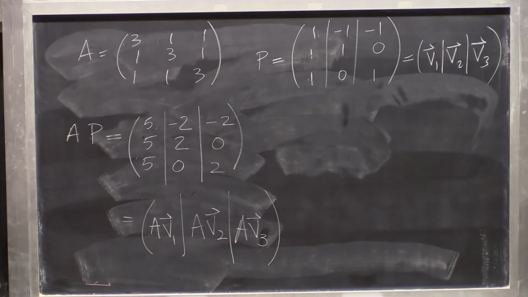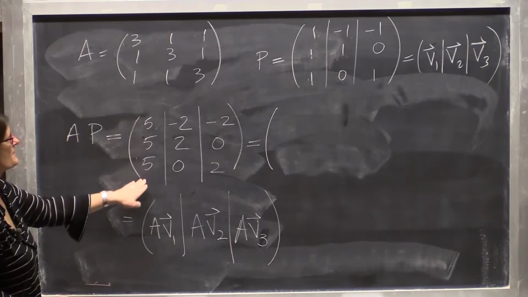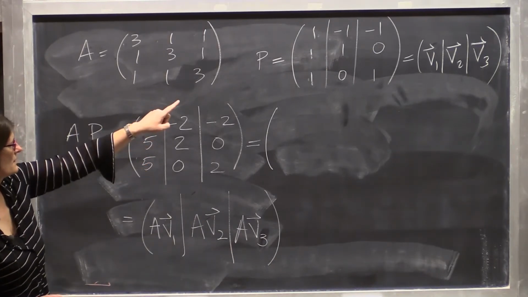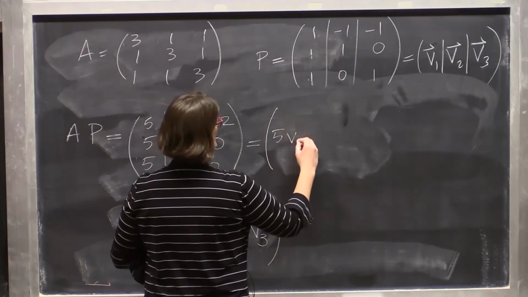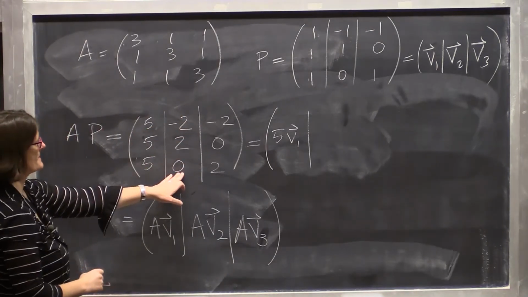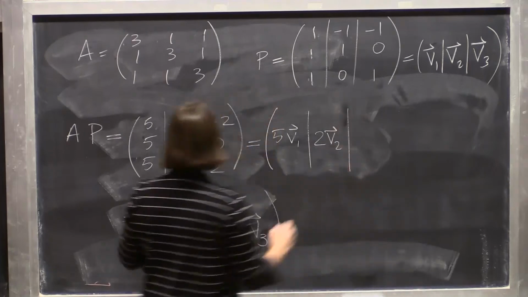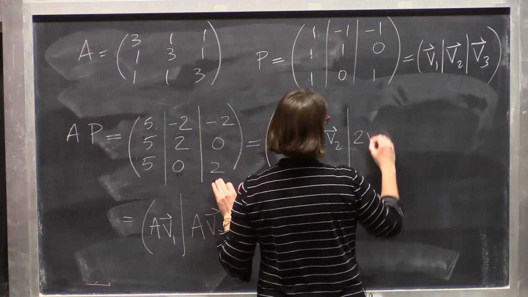Now, looking at P, I see that this column is the same as what? How does this relate to the first column of P? 5 times V1. This relates how to the second column of P? 2 times V2. And this? 2 times V3.